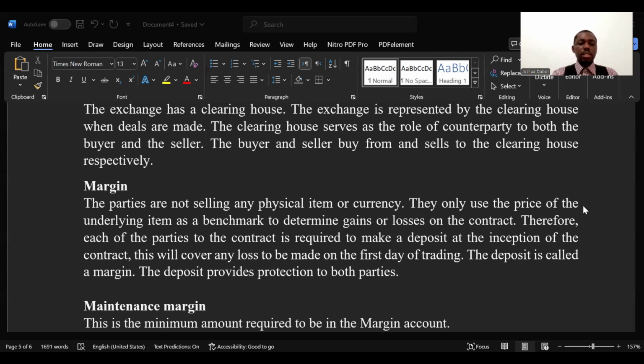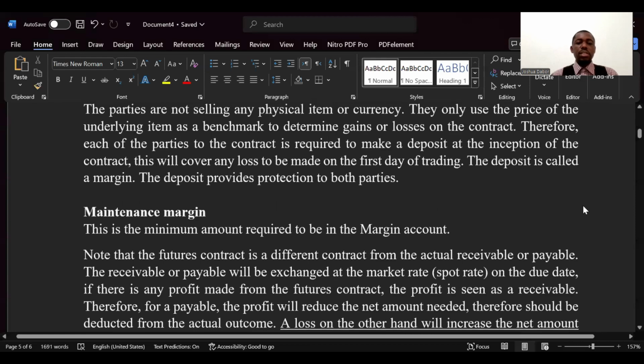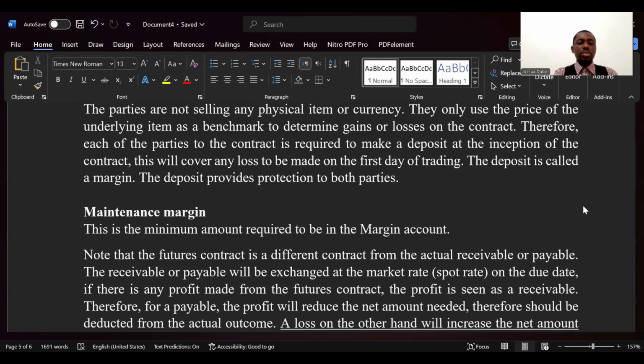So maintenance margin, this is the minimum amount required to be in the account. In the first example, the illustration I gave earlier on, assuming the maintenance margin is $40 for both parties.